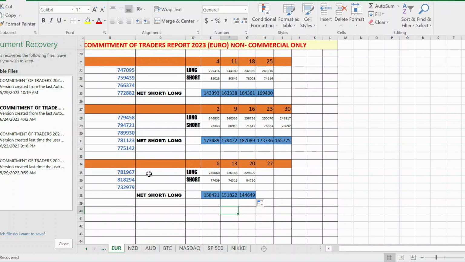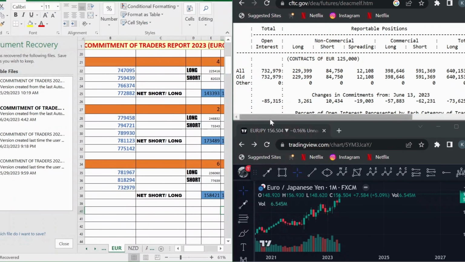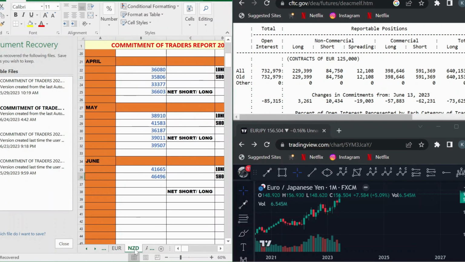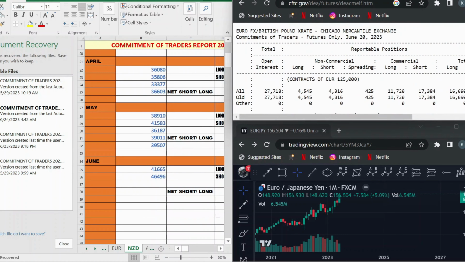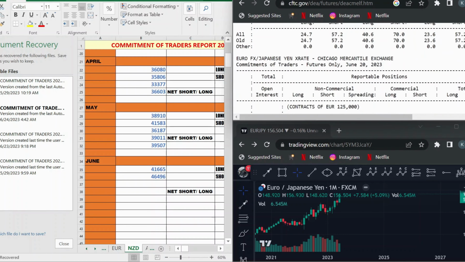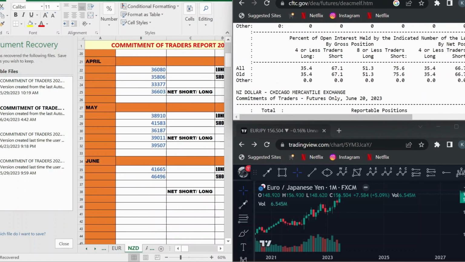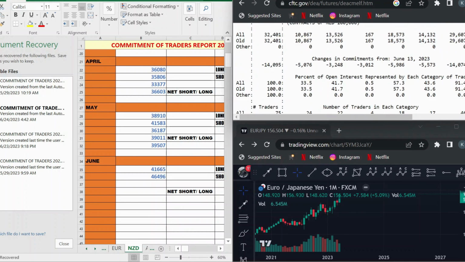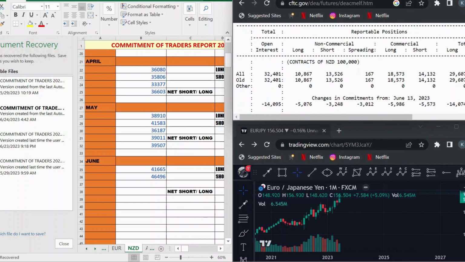So let's go to the New Zealand dollar. So for the New Zealand dollar, the open interest is 32,401.